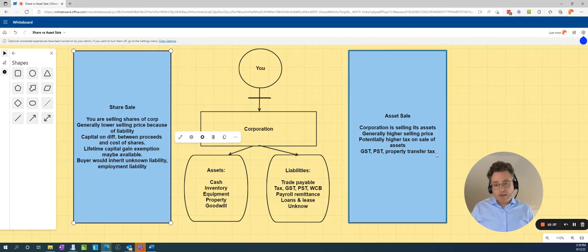On an asset sale, as I said, there tends to be a little bit more cherry picking of liabilities.